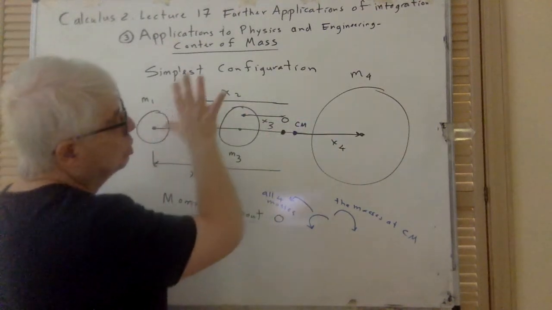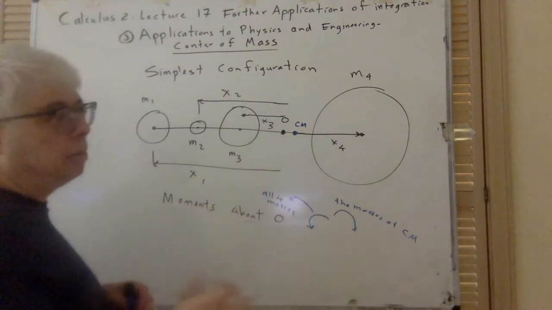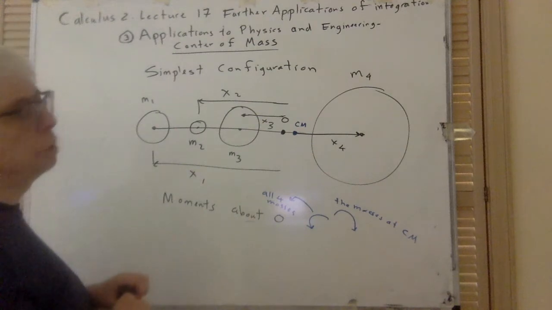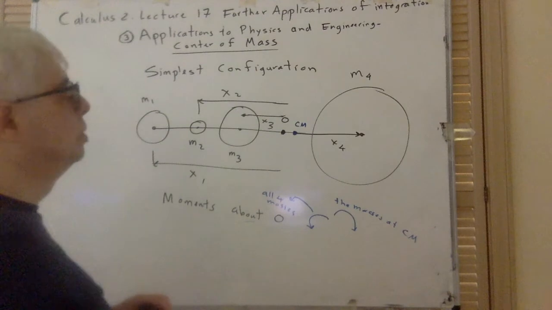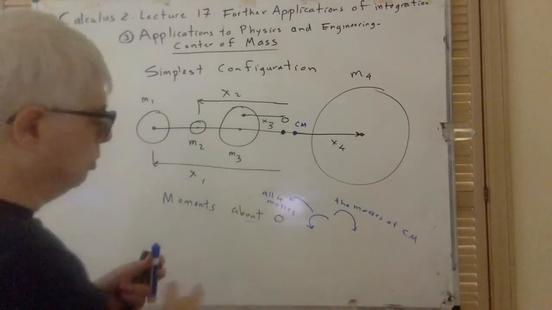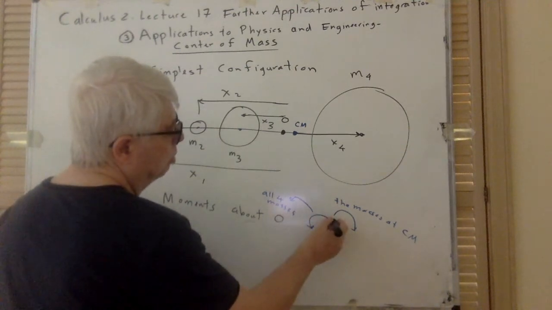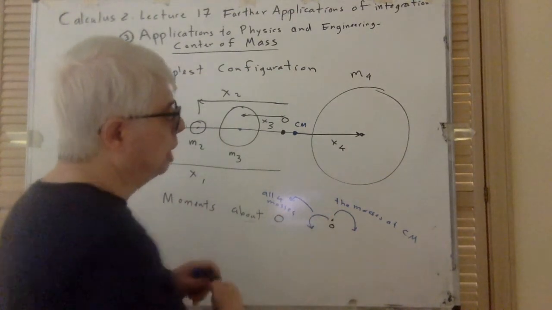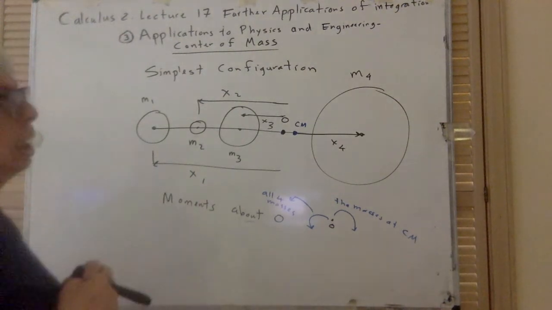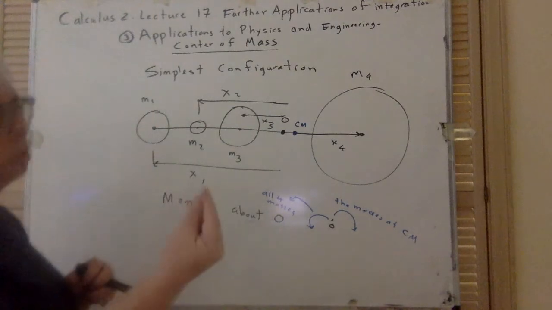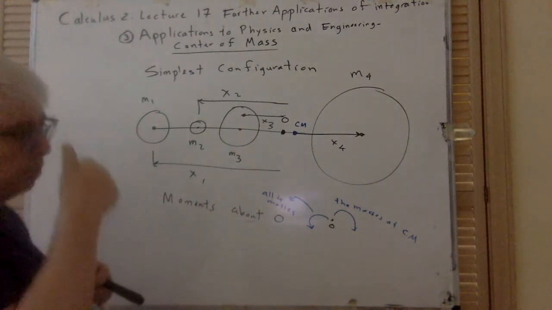So you can sum these masses and put it here, and the same dynamics works for that point as it works for the whole configuration. You can concentrate everything at this point and consider the object simply a point with the whole mass of the object concentrated there.